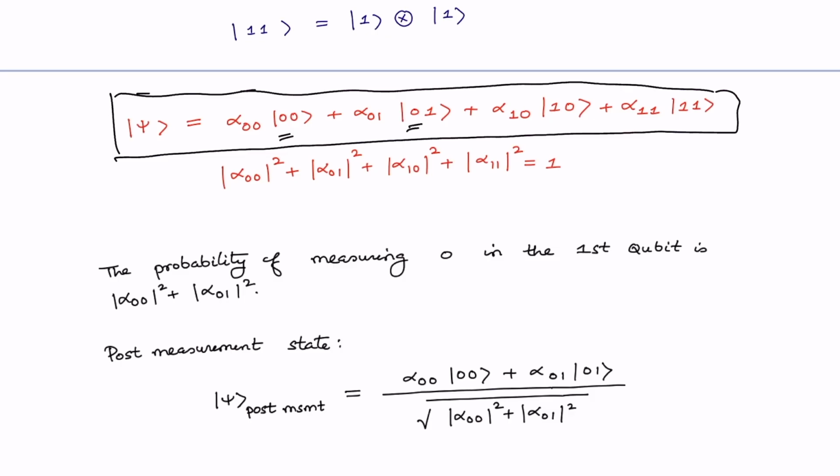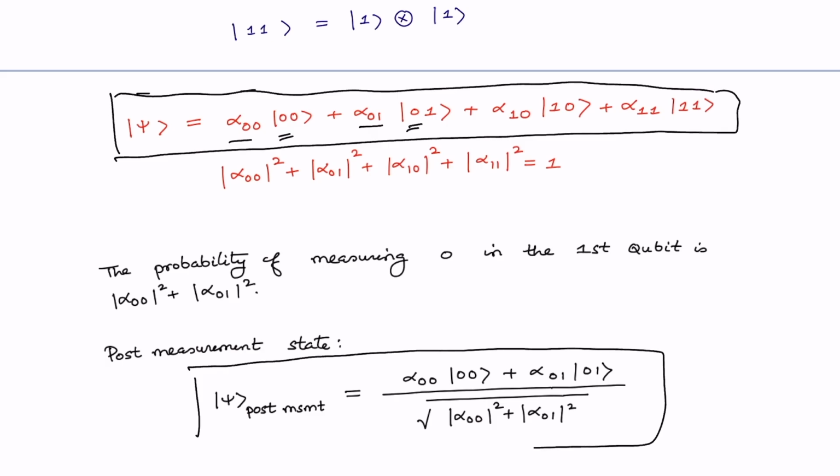So the associated coefficients are alpha 00 and alpha 01. So the probability of measuring 0 in the first qubit would be the sum of alpha 00 mod square plus alpha 01 mod square. And after making the measurement of the first qubit, the post-measurement quantum state is going to be simply this.